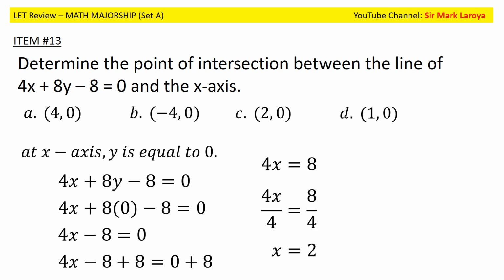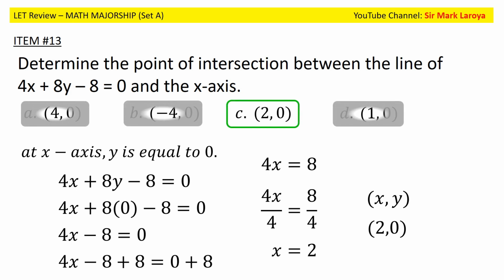So the point of intersection, that is with the coordinates x and y, that is equal to 2 and 0. So the answer here is letter C, 2 and 0. That is the point of intersection between the line 4x plus 8y minus 8 equals 0 and the x-axis.